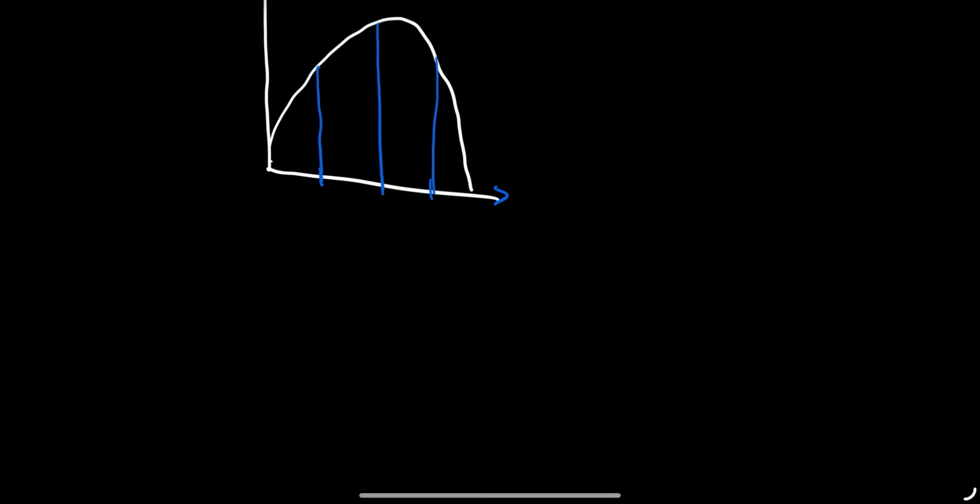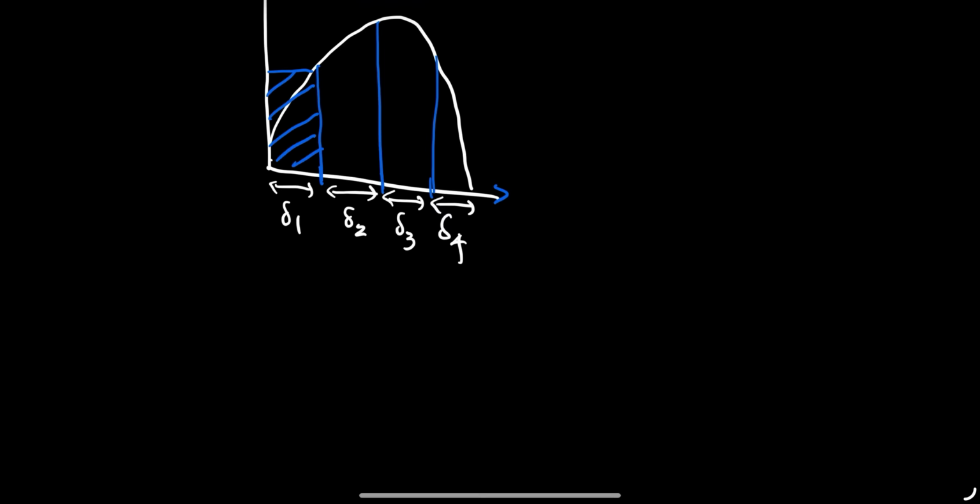Bear in mind that this and this are all the same, and let's say we call it delta n. Okay, so this is delta 1, delta 2, delta 3, delta 4. Okay? So now, what is the area of this rectangle?